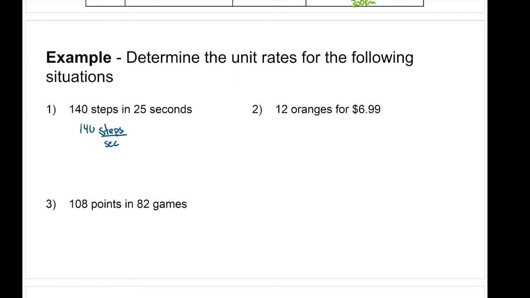I have 140 steps in 25 seconds. And then I just divide. And I get 5.6 steps per second. If I did it the other way, it would be seconds per step. So it would tell me the time it takes to basically take one step.